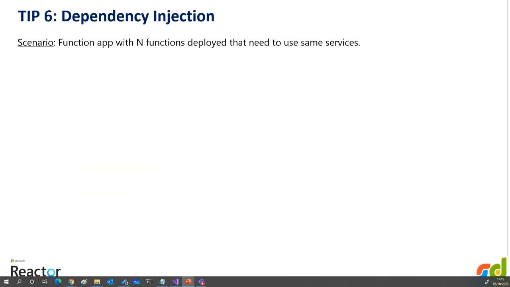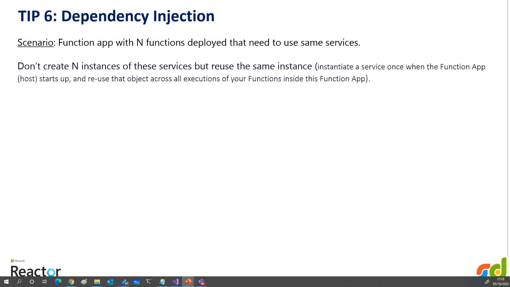Imagine that you need to reference an external service, maybe quite large and complex to reference. The best way is not to create a separate instance of this service for each function you have; if you want to improve performance and decrease costs, it's much better to reuse the same instance created at function startup.